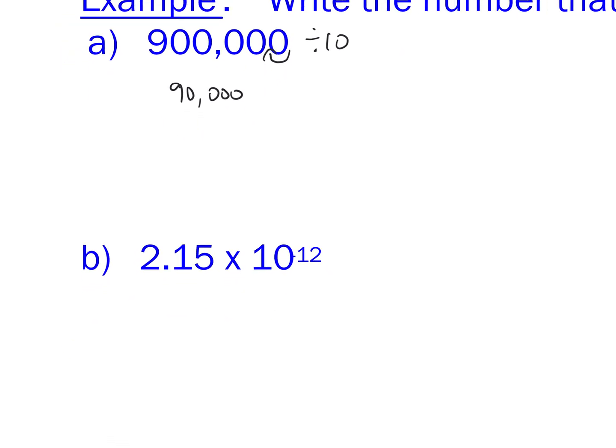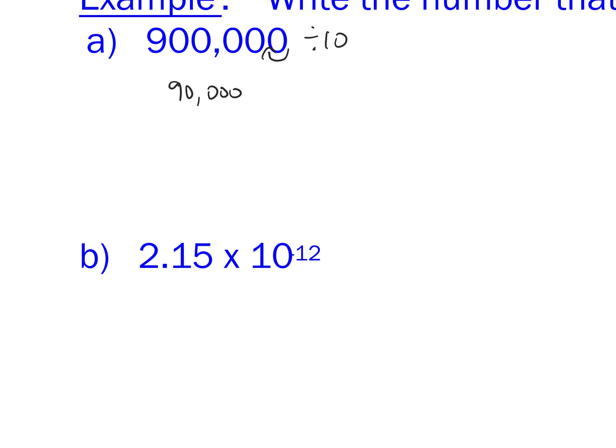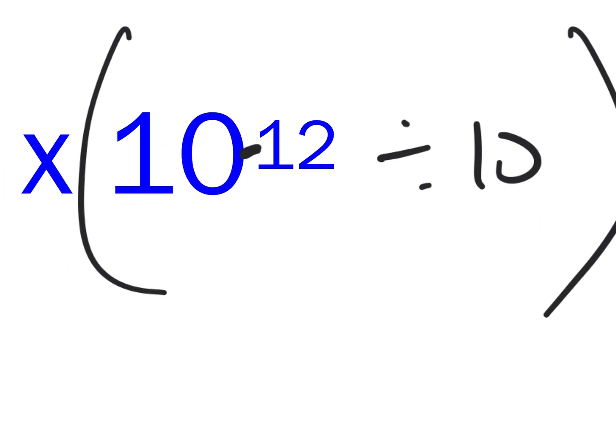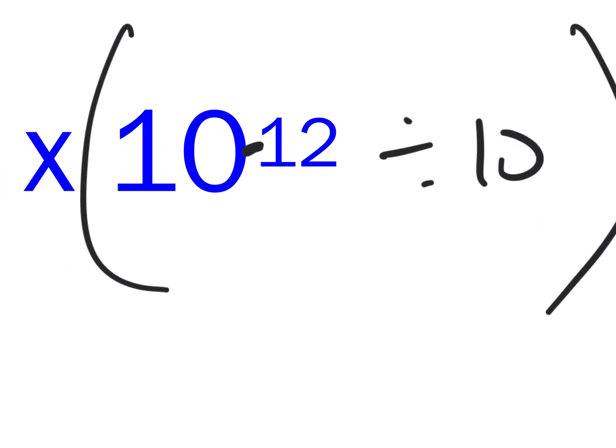If the number's in scientific notation, this is 2.15 times 10 to the negative 12. What do we do with the exponent? Well, we're dividing by 10. So look at this as powers, same base. What do we do with those exponents? Okay. What's negative 12 subtract 1? Hold up.